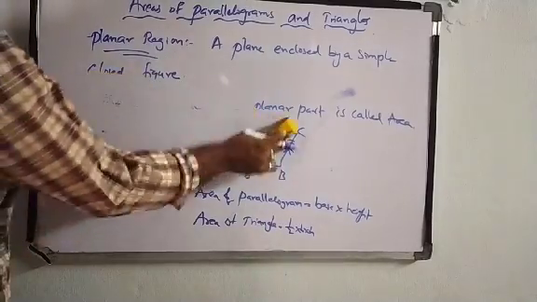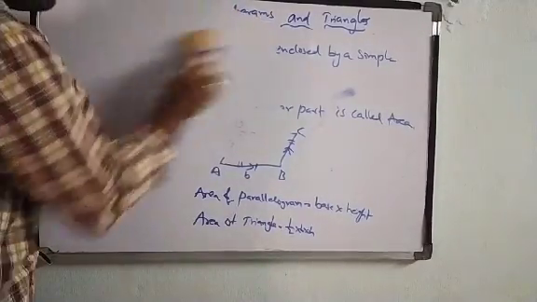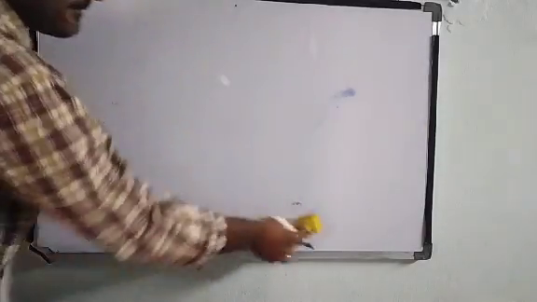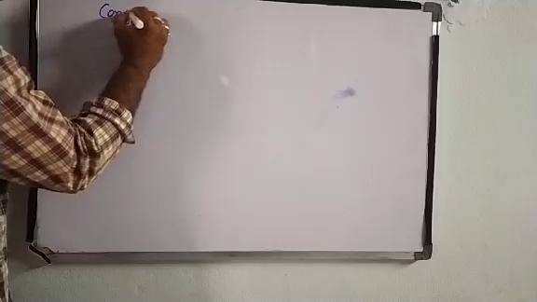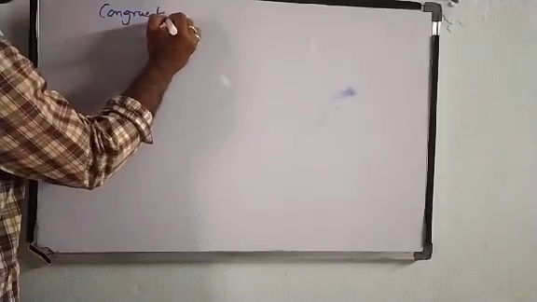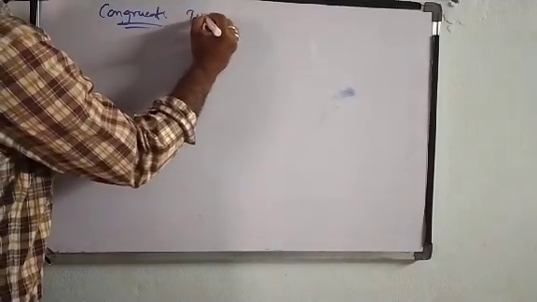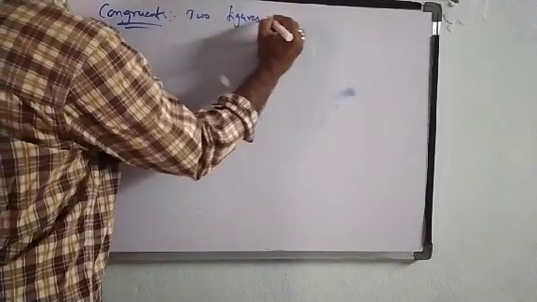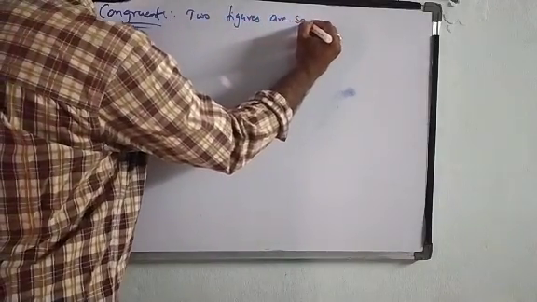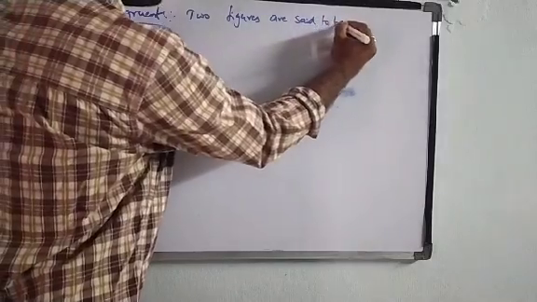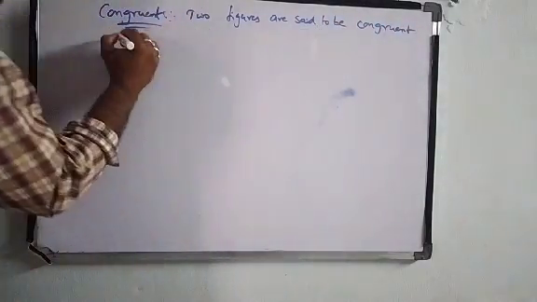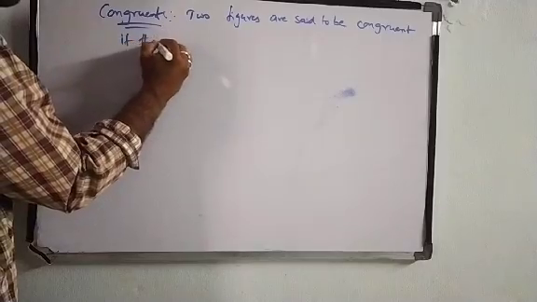Next, let us discuss the concept of congruent figures that we have learned. Two figures are said to be congruent if they have the same shape and same size.